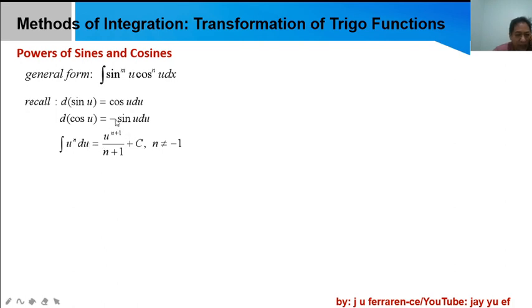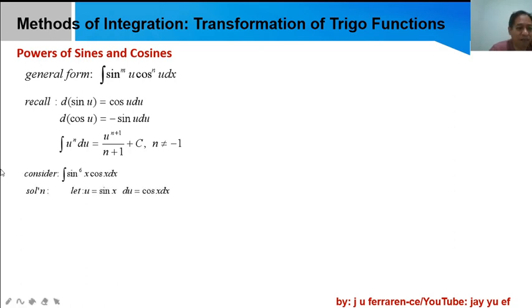So we have to transform in a way that one function will contain a certain power and the other function will contain a power 1, in order to follow the u du form and to use the power rule of integration. That is if the exponent of our function is any constant other than negative 1.